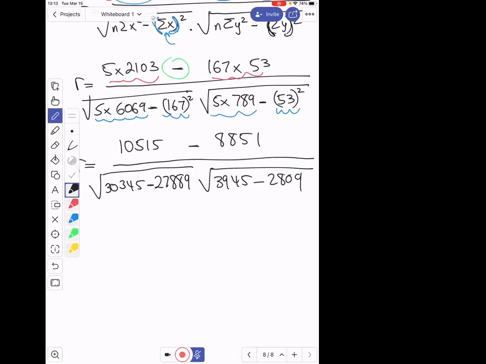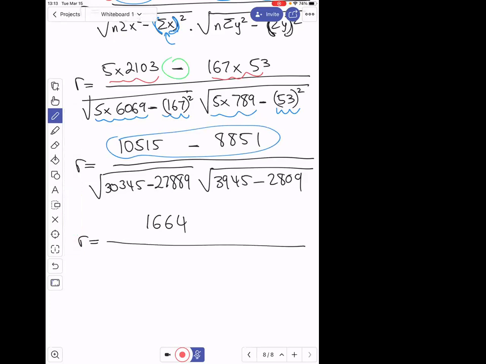All right. So now we can do the subtractions. There is a subtraction in the top. The 10,515 minus the 851, which is actually equal to 1,664. Right? This is the top here. In the denominator, there's this square root, and there's this another square root.